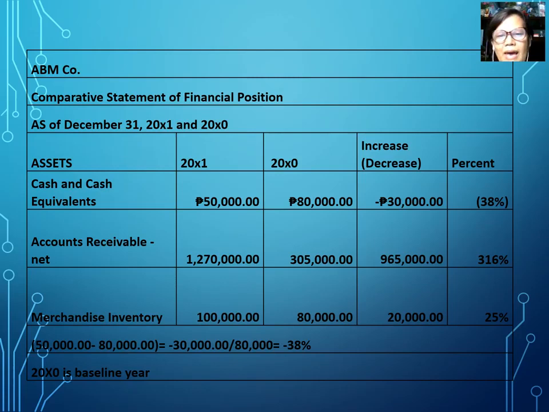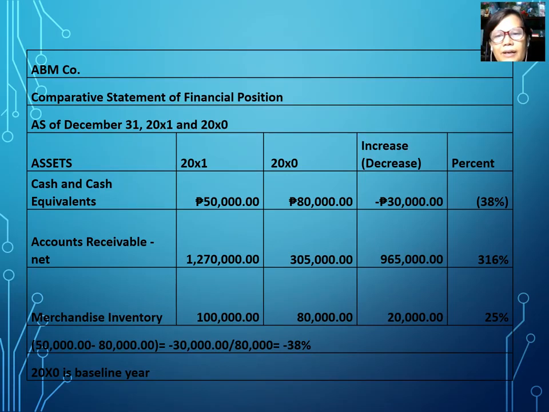And how did you get it? 50,000 less 80,000 will give you 30,000, and that is negative because 50,000 in 20x1 is lesser than 80,000 in 20x0. Okay?